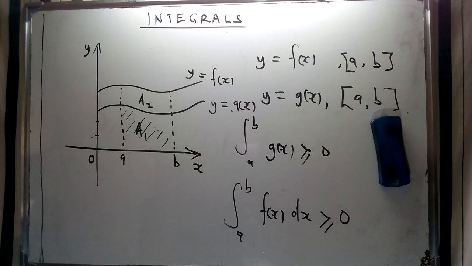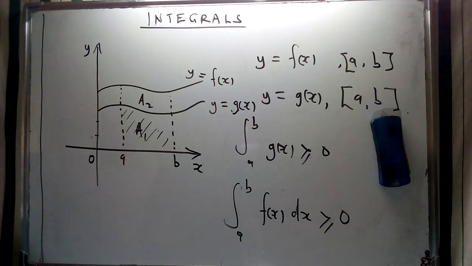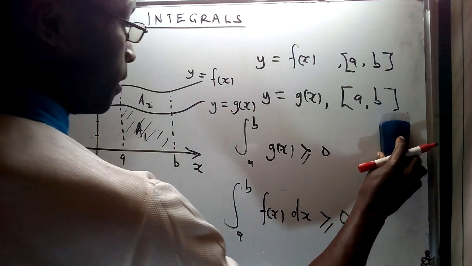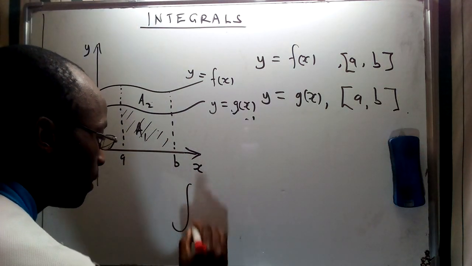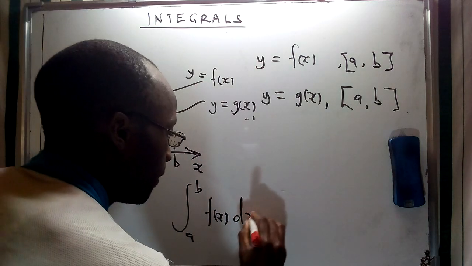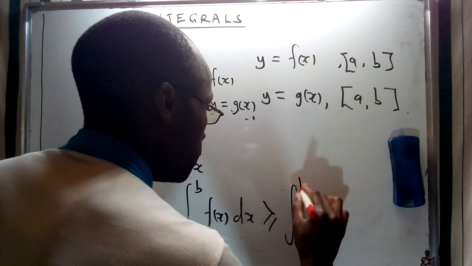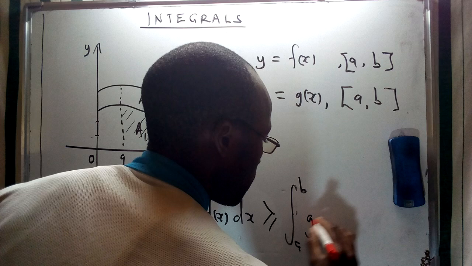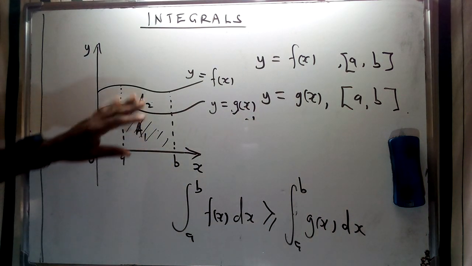If we compare the two graphs, as we said that f of x is going to be greater than g of x, we can also give the comparison for the integrals of f of x and g of x, whereby the integral from a to b of f of x dx is greater than or equivalent to the integral from a to b of g of x dx. So this is how we can compare the graphs of two functions.